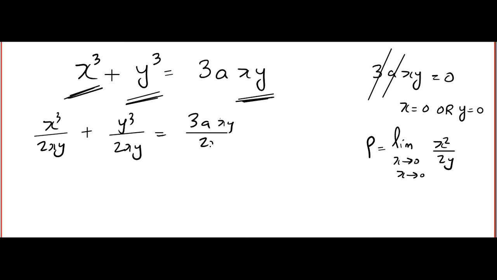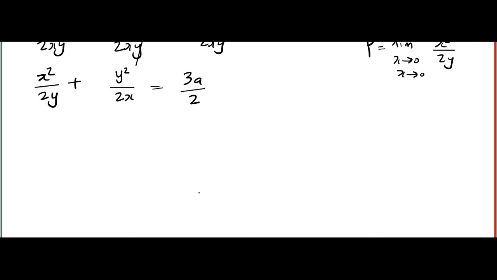So we will get x square by 2y plus, so here we have a problem, we will get indeterminate form. So we get y square by 2x. We will think about it in the next step. Can you see, we will get indeterminate because both x and y tend to 0, we will get 0 by 0.